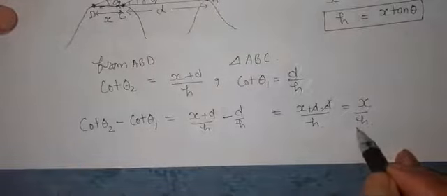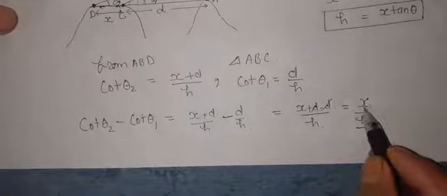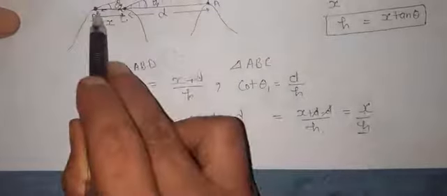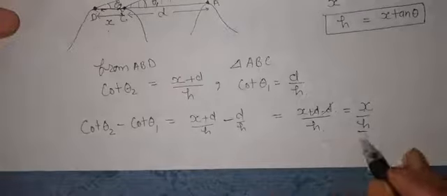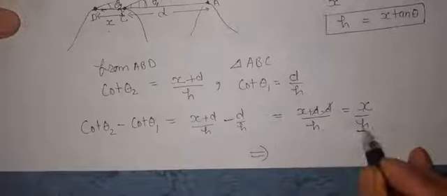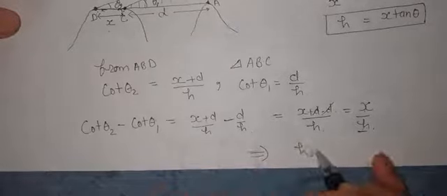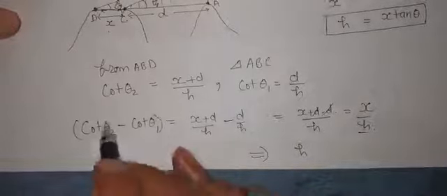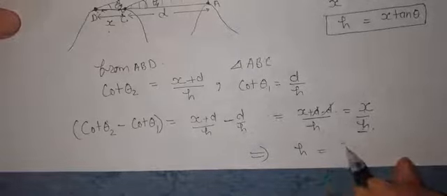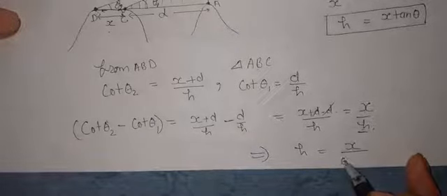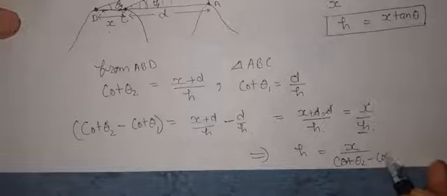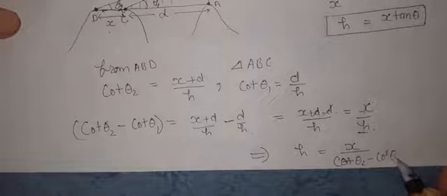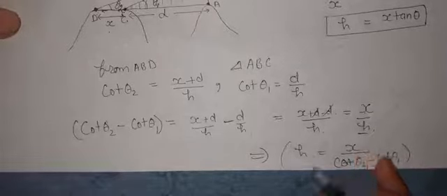Okay, and our demand is to find h, and x is that known distance, C to D. Therefore, student, we can bring the h to the left side and take this whole value to the denominator over there. So it is h equals x upon cot theta 2 minus cot theta 1. Okay, so this is our formula of calculation.